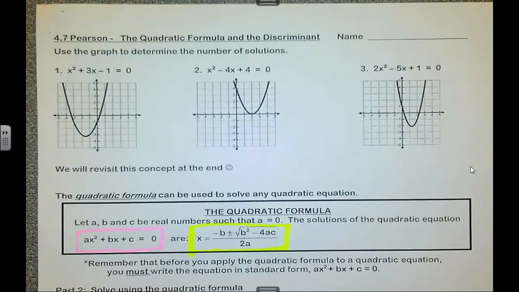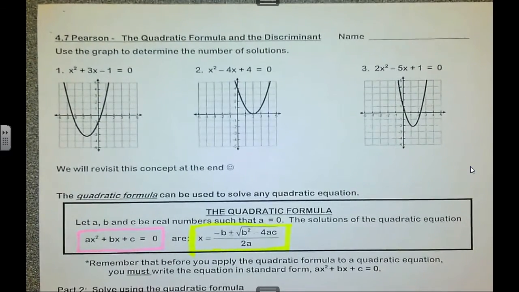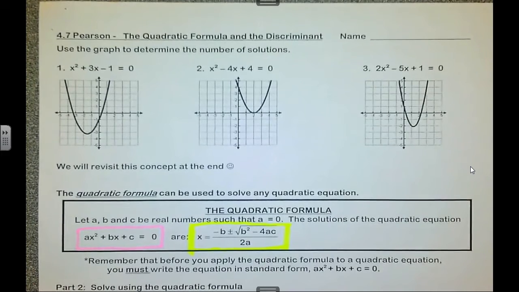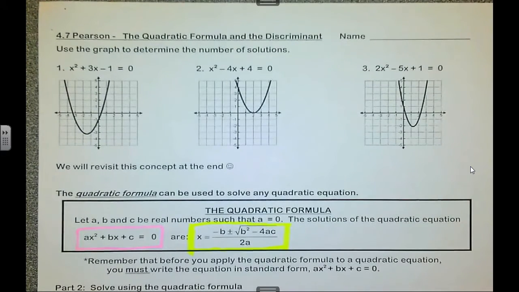Now remember, I'm hoping that your Algebra 1 teacher told you, at least partially, what the fundamental theorem of algebra is.